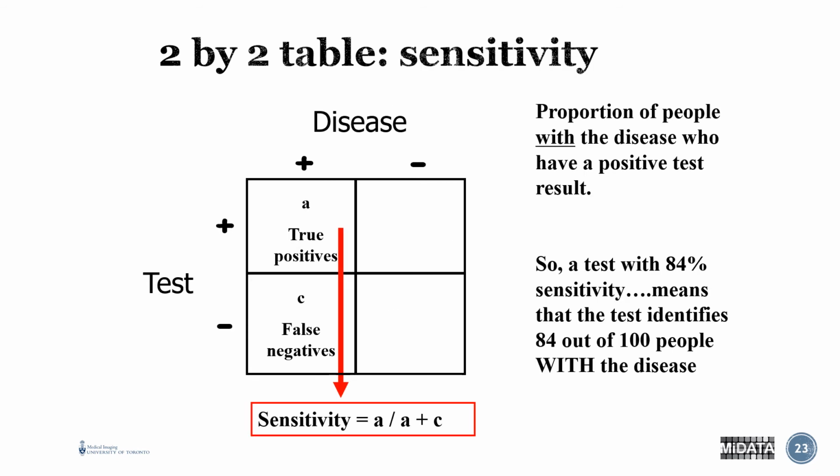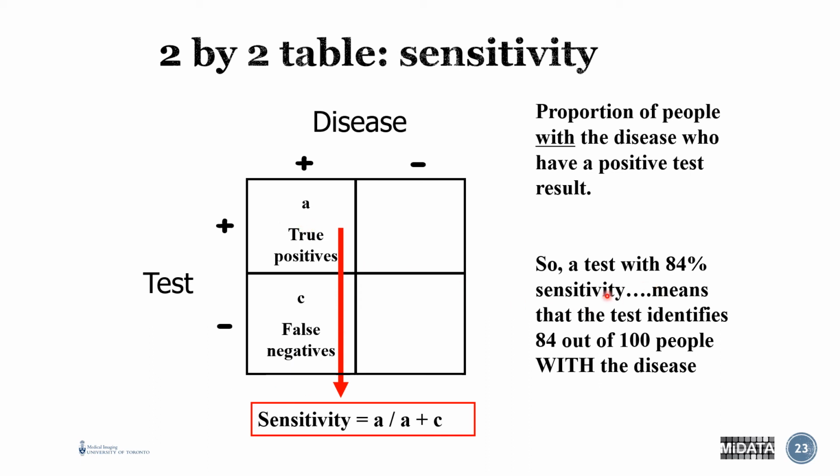Let's review what is sensitivity. It's the proportion of people with the disease who have a positive test result. In this case, it would be taking the true positives and dividing by the total of true positives and false negatives.